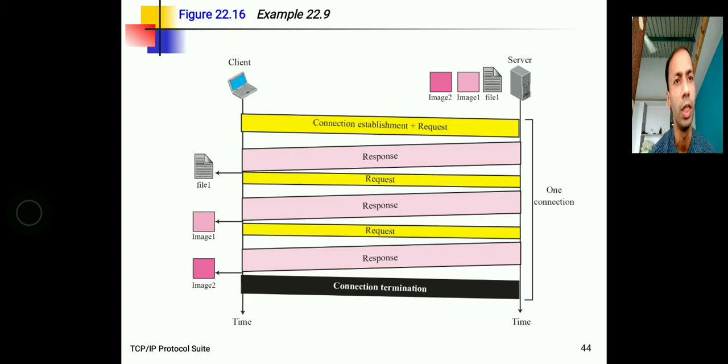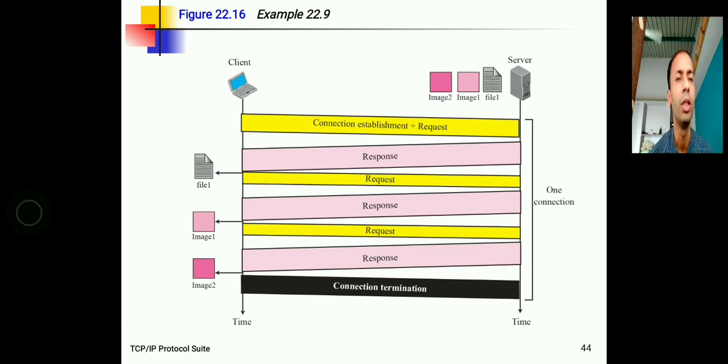Again the response is sent back by the server to the client. Image 1 is retrieved. Again the client makes a request to retrieve image 2, the server accepts the request and sends the file back to the client, that is image 2. Now all the files which belong to that main web page, File 1, are retrieved. Now it is time to terminate the connection.